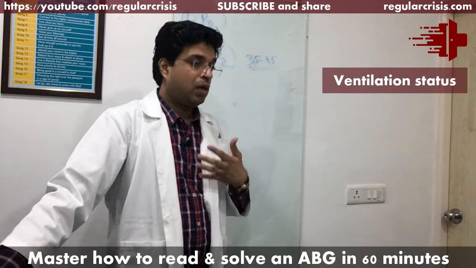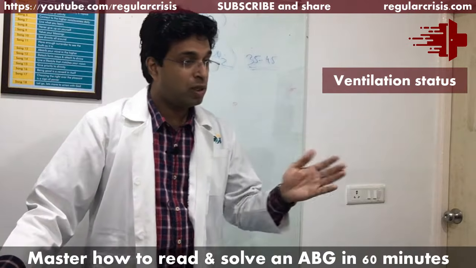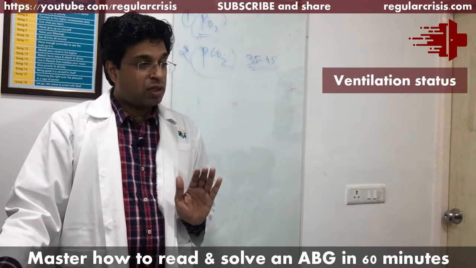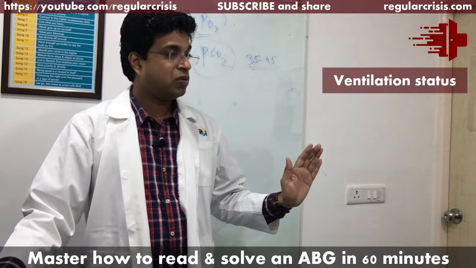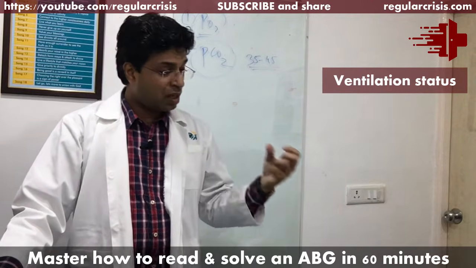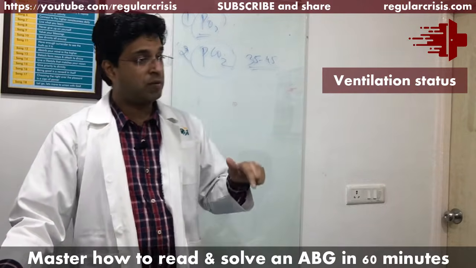Or if the patient is hyperventilating, PCO2 level will wash out. So PCO2 is actually denoting your ventilatory status, whether normal ventilation is going on or abnormal, whether hypoventilating or hyperventilating.